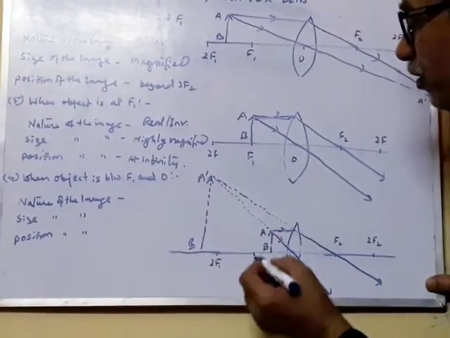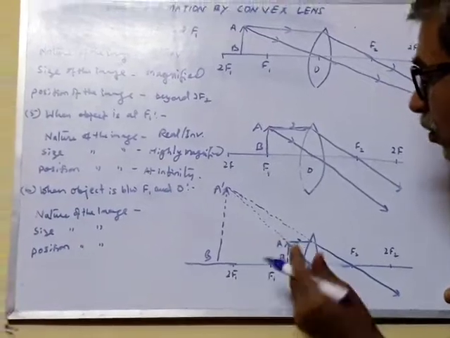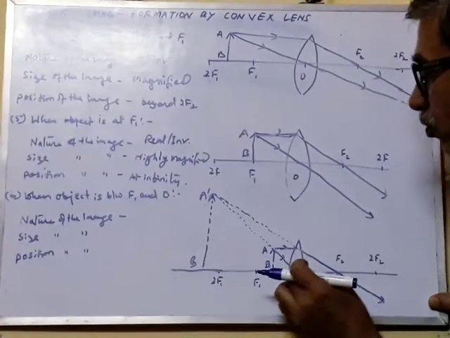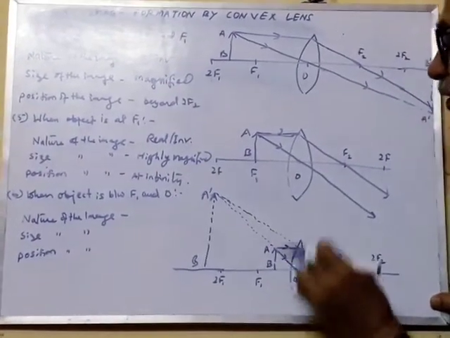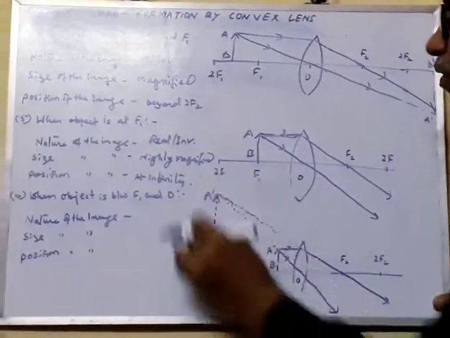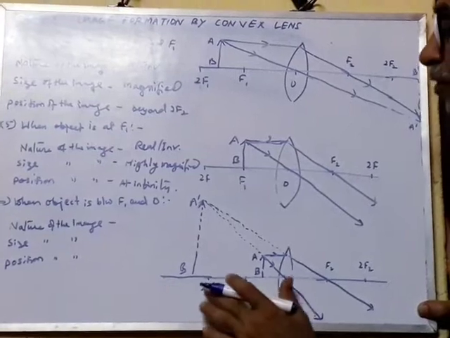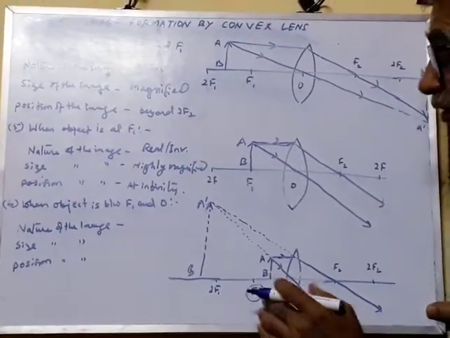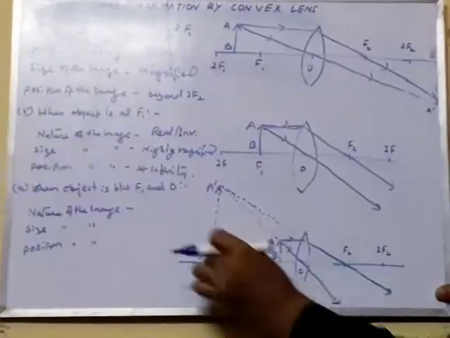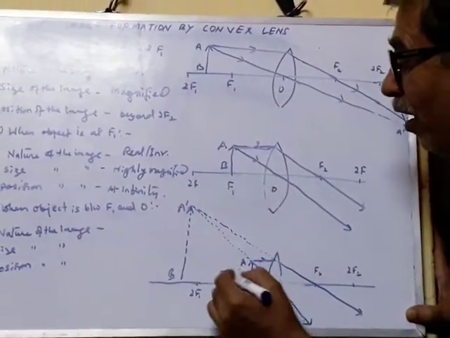Its position depends upon how close the object is to the optical center, but it is confirmed that this image will always be beyond f1.